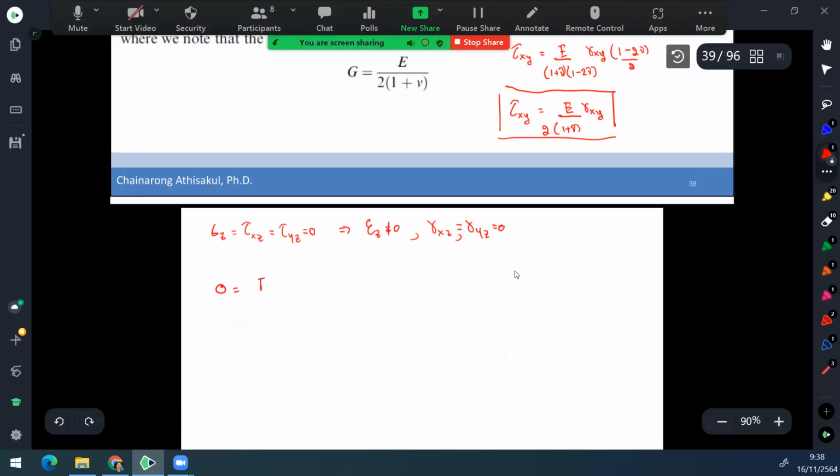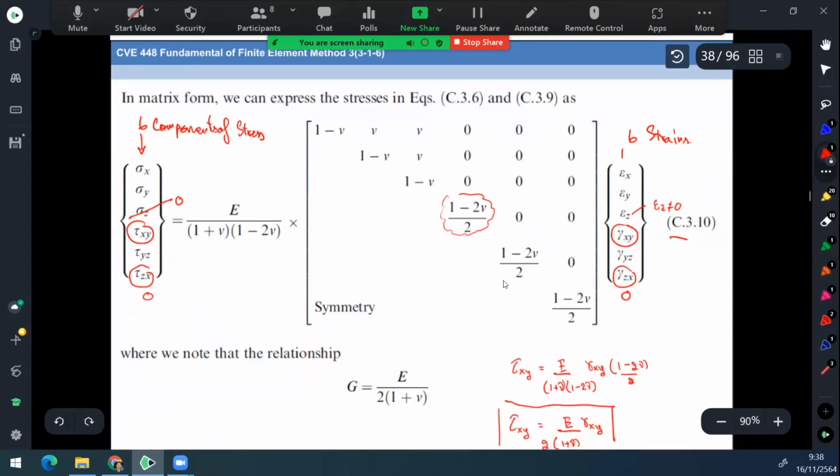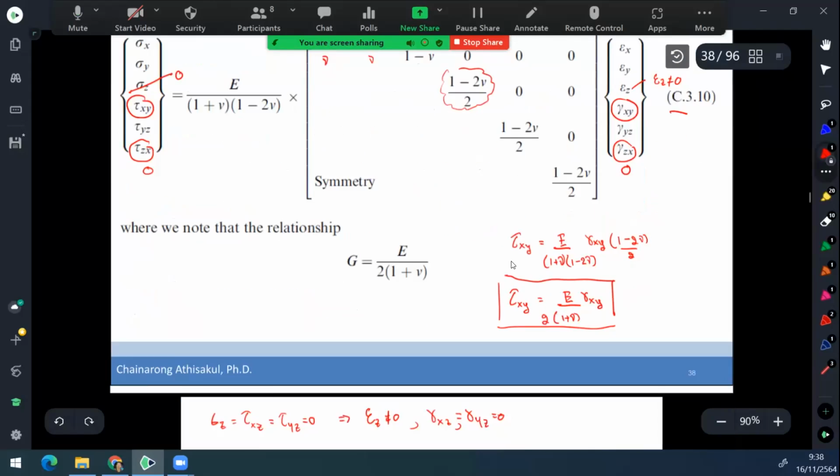It's equal to E multiplied with 1 plus nu, 1 minus 2 nu, and multiplied with the term, this should be the symmetric case.